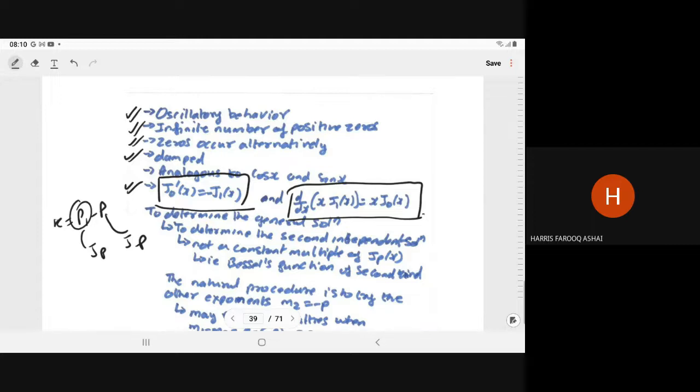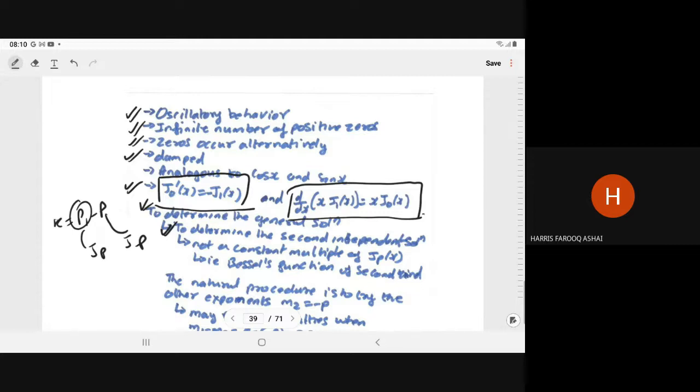So now next is how to determine the general solution. To determine the general solution, we have to determine the second linearly independent solution. Then only you can write C1y1 plus C2y2, the general solution. And what should be the nature of the second linearly independent solution?